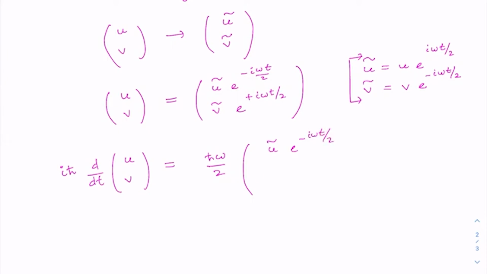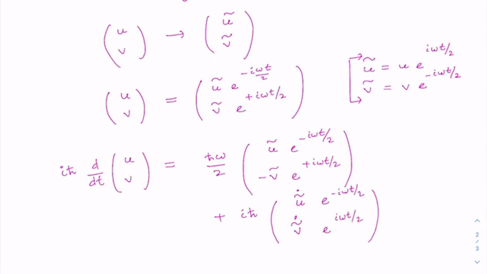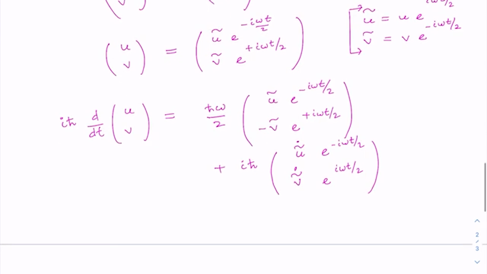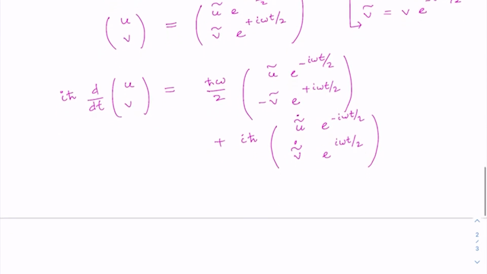You can try to do it yourself. You will also get i h cross, and I am now talking about the left hand side of this Schrodinger equation, i h cross times the time derivative of u tilde, e to the power minus i omega t by 2, and v tilde e to the power i omega t by 2. Okay, now going further, so this is the right hand side.